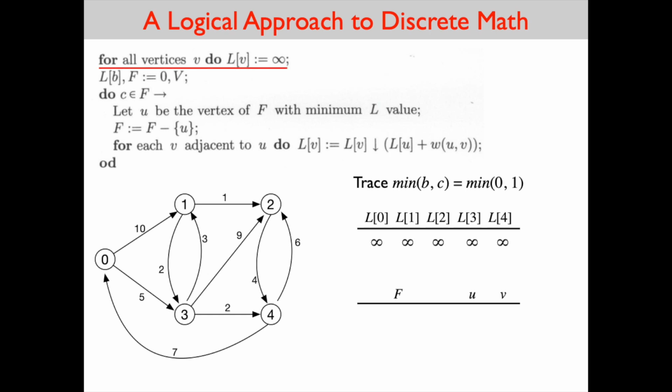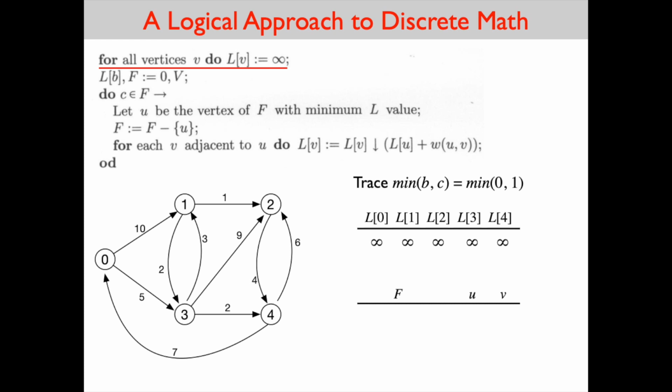So we'll start off at the beginning here. Next slide shows the first statement: for all vertices V do L sub V gets infinity. So that sets each value in the L array to infinity.